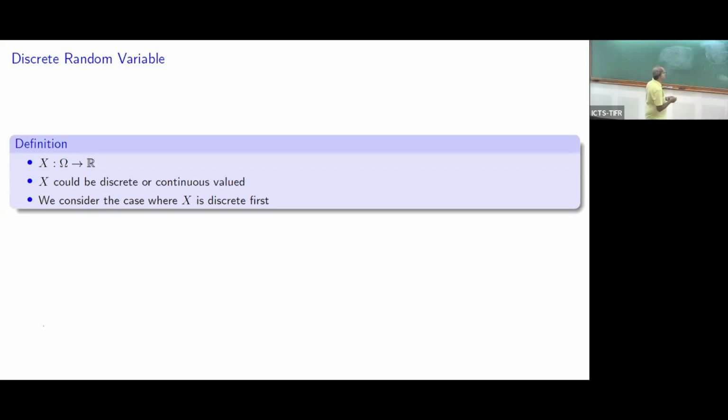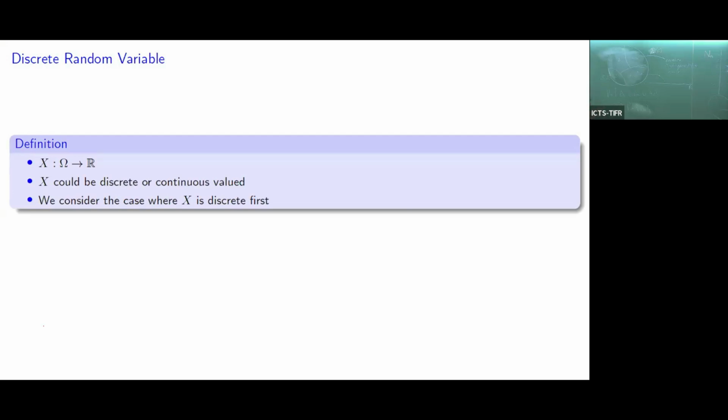Basically, every point in the sample space you take and assign some value on the real line. So you just assign some numerical values to every point in the sample space. Okay? That is all you do.